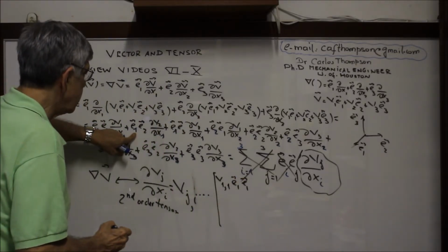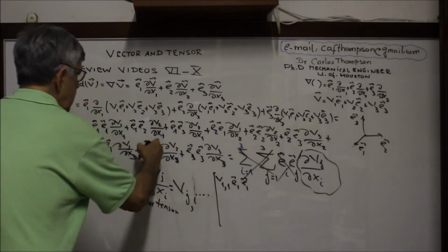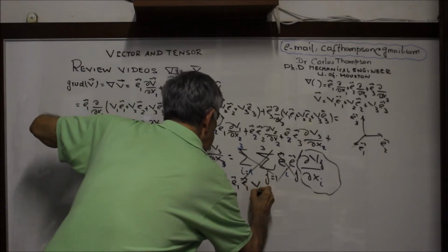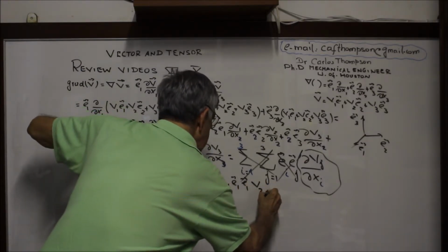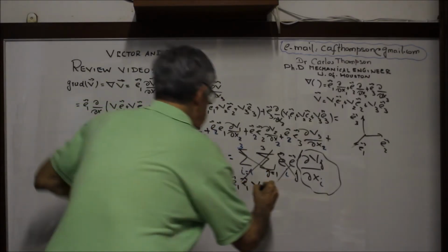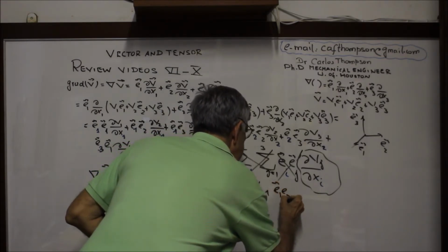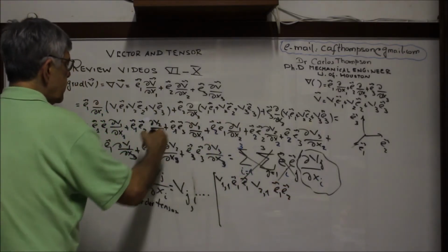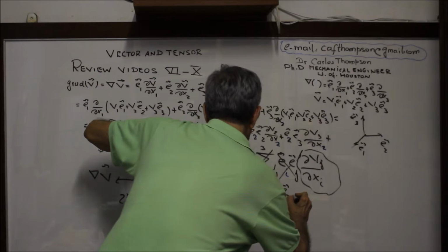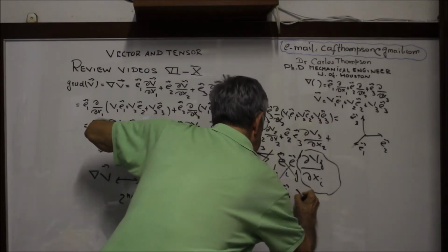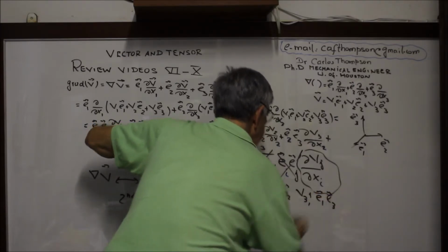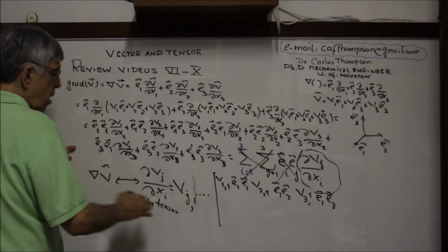Now, the second one will be V2, comma 1, E1, E2. Now, here, the third one will be E1, E3, V3, comma 1, E1, E3.